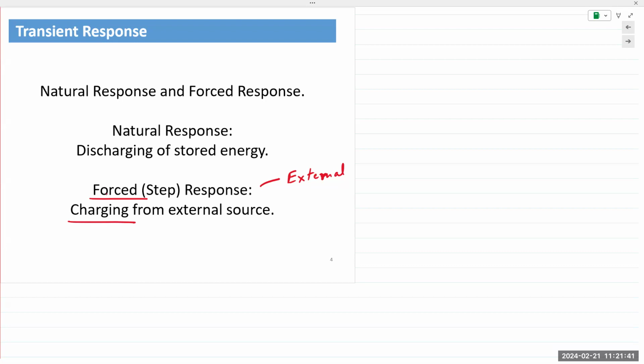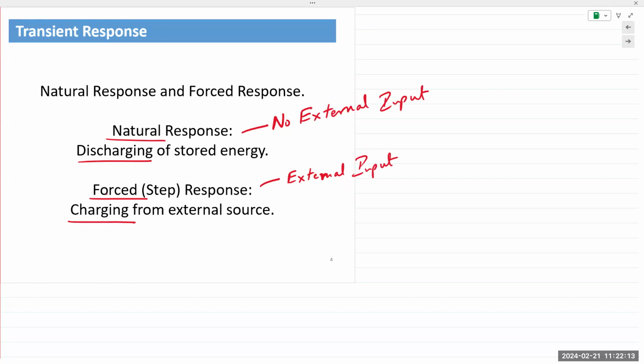It occurs naturally, and hence it is referred to as a natural response. Is everyone clear? Natural response refers to the discharge of the components. Forced response or step response refers to the charging of the components.